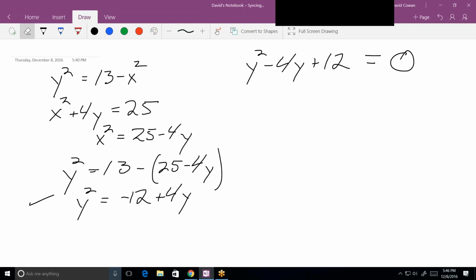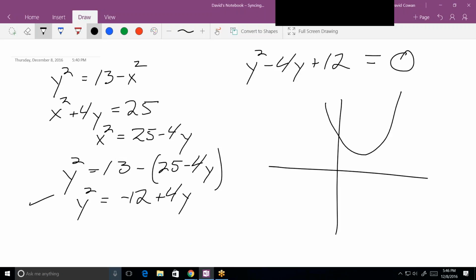No, it's a quadratic. In other words, it just doesn't cross the x-axis. It's a quadratic that maybe looks like this. If you have a parabola that does not cross the x-axis, then it does not have any real zeros.